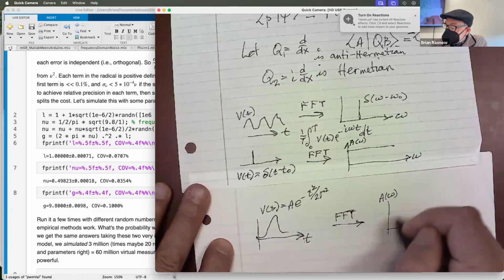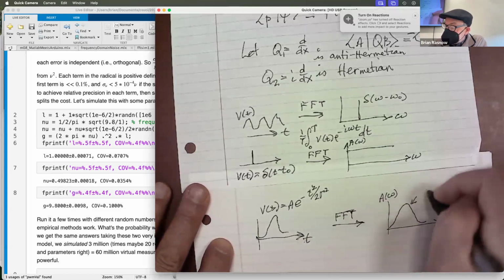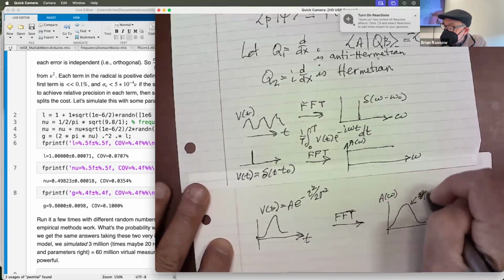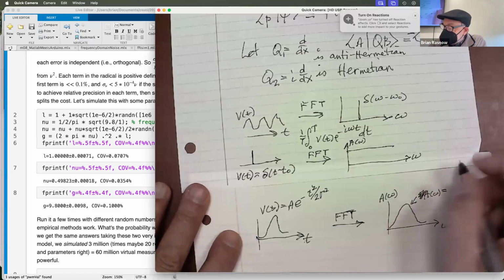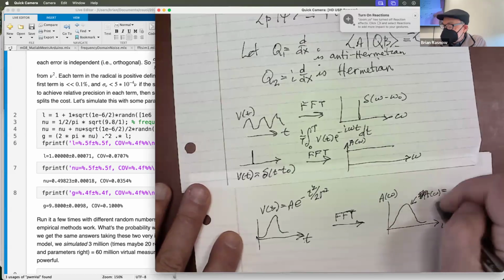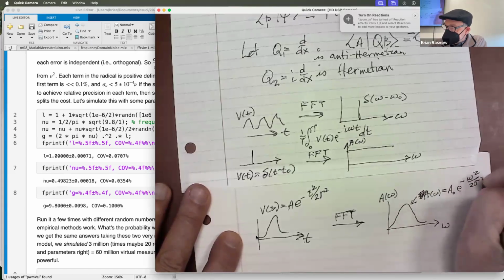I'm trying to think, what I want to say is it's a Gaussian. A of omega is equal to, again, some normalization, A naught e to the minus omega squared over 2 sigma squared.